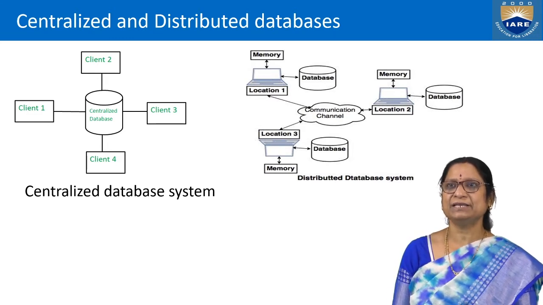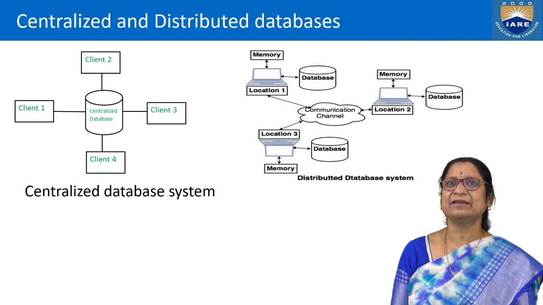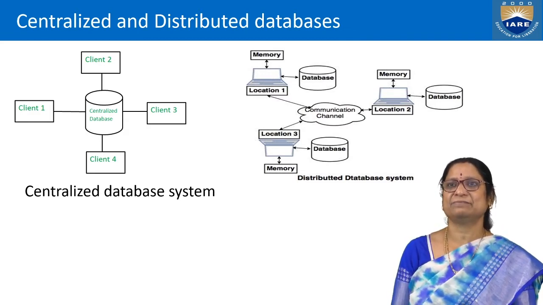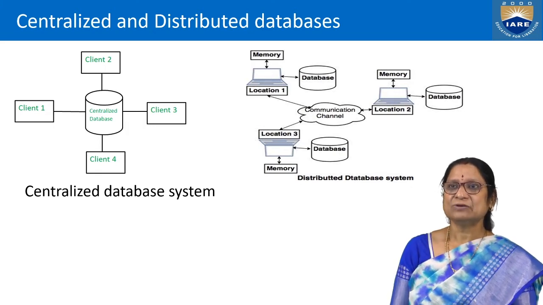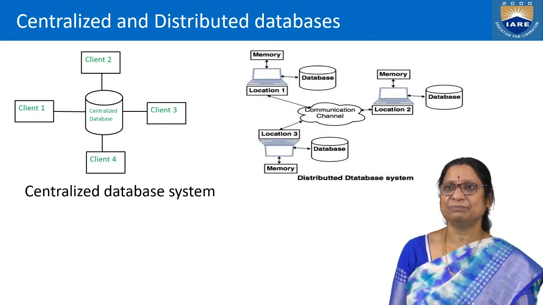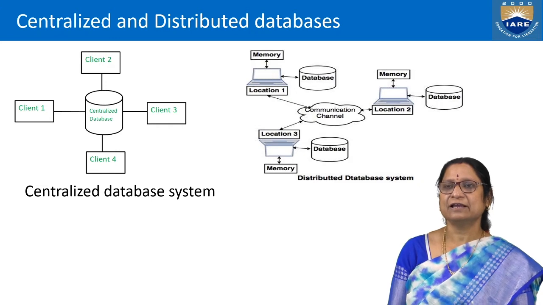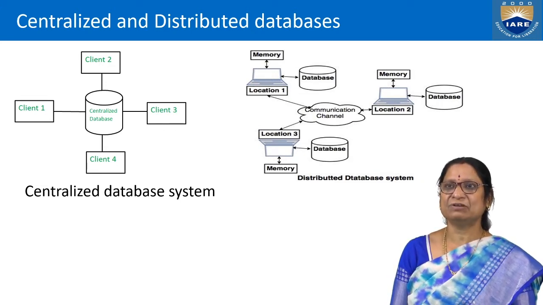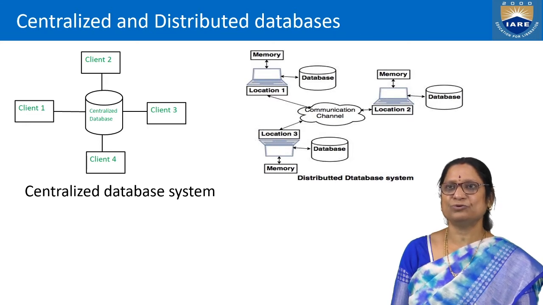Of course, we have many types of databases, but basically databases are categorized into centralized databases and distributed databases. As per the definition of a database, the entire database is stored at one location as a repository, because we defined it as interrelated and integrated data, stored at a single location.